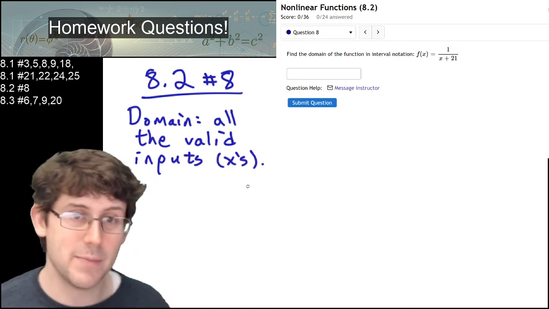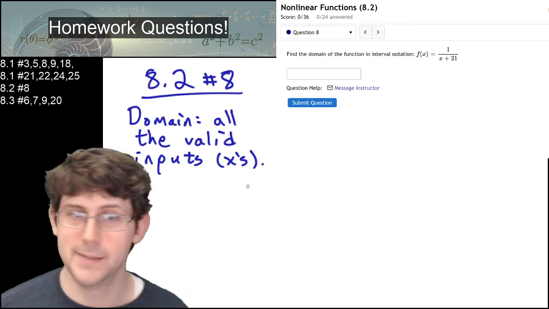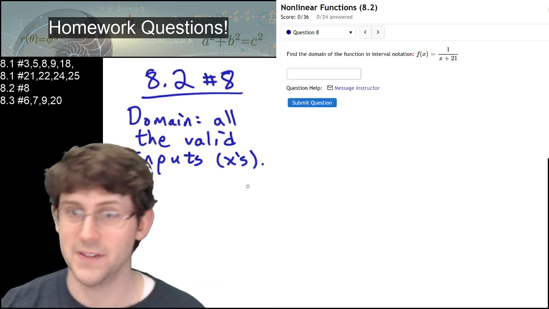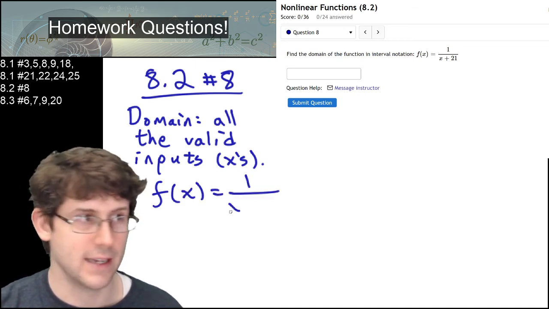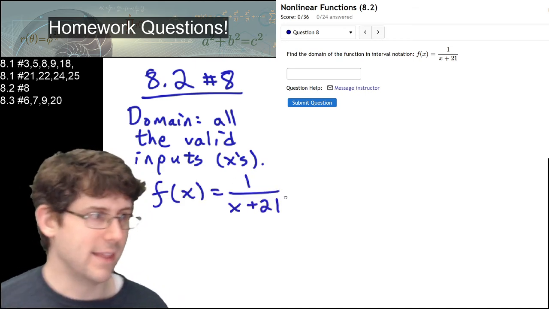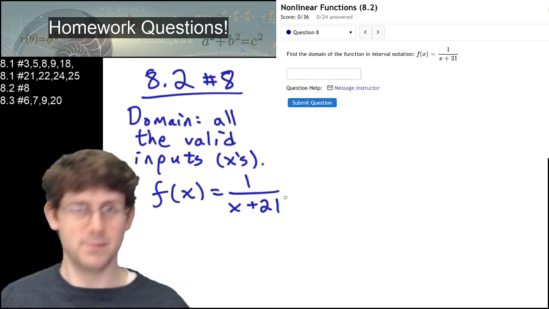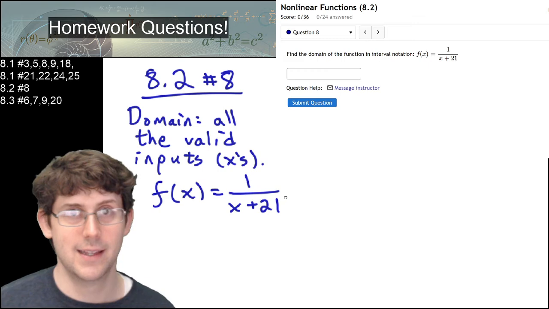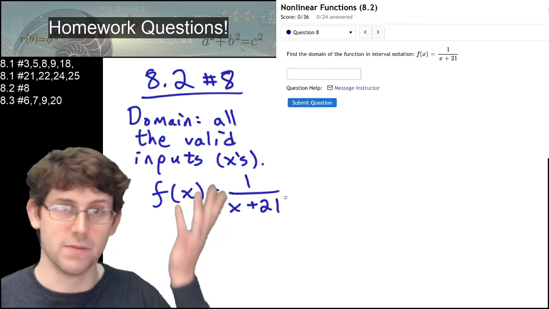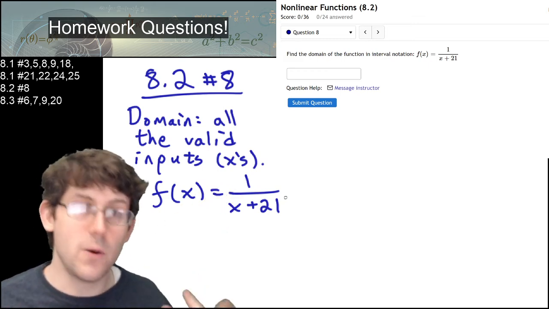All the x's you can possibly plug in. Here we have the function f of x is 1 over x plus 21. And you might think, what do you mean all the valid inputs? I can plug in whatever I want. If I plug in x equals 3, the function makes an output for me. Like, what could go wrong?